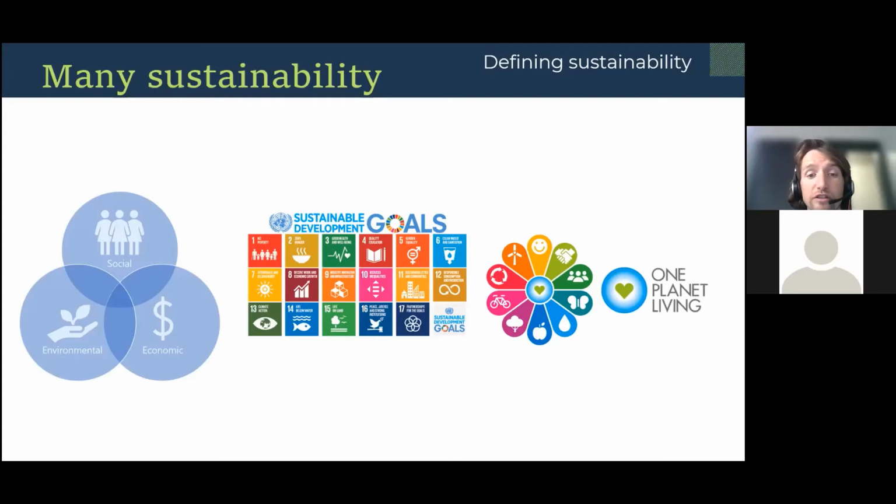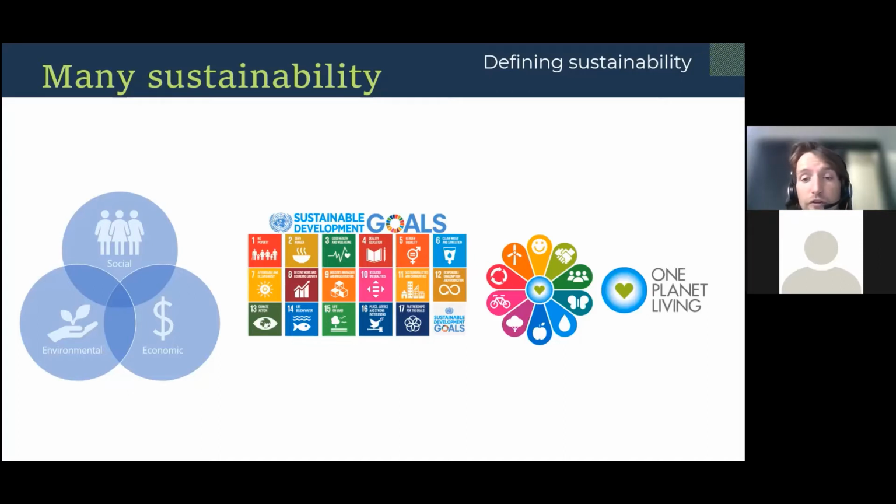Under each of those sit more specific actions that need to be taken. And organizations very often nowadays are going through those and understanding, well, what's more material to them? Where do they think they can have impact? And therefore, what goals do they want to focus on? And that helps to drive their sustainability strategy and objectives.